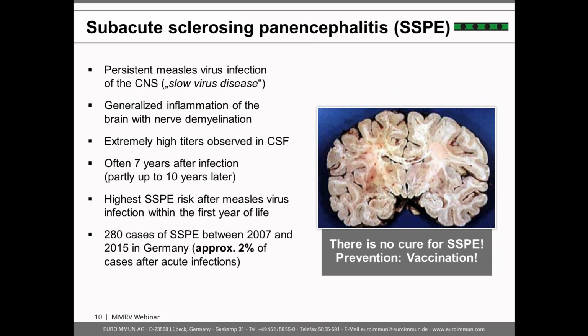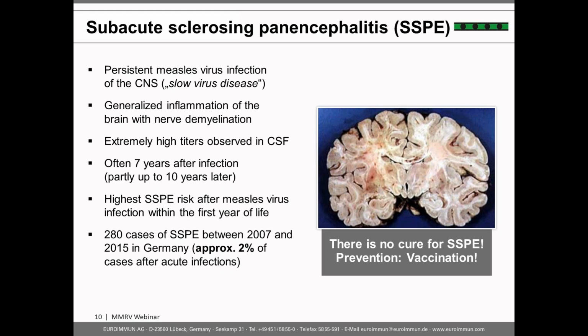It's hypothesized that this might be caused by persistent measles virus infections in the central nervous system, a kind of slow virus disease, potentially caused by mutated viruses. In patients, you usually observe extremely high titers in the CSF, the cerebrospinal fluid, for IgG antibodies against measles. And oftentimes, those manifestations occur about 7 years after the initial infection.